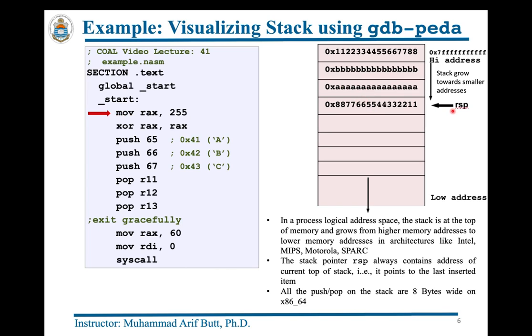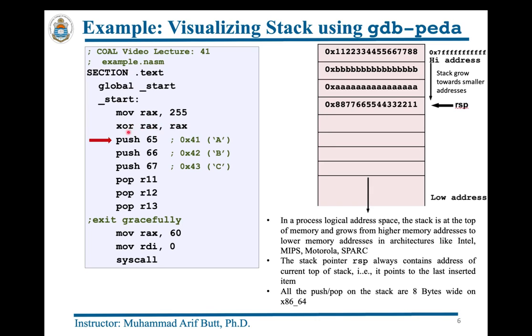And the RSP register, also called the stack pointer, is pointing to the top of the stack, that is the last inserted item. Well, these first 2 instructions, this move and XOR, do not have any impact on the stack as they just work on these registers.